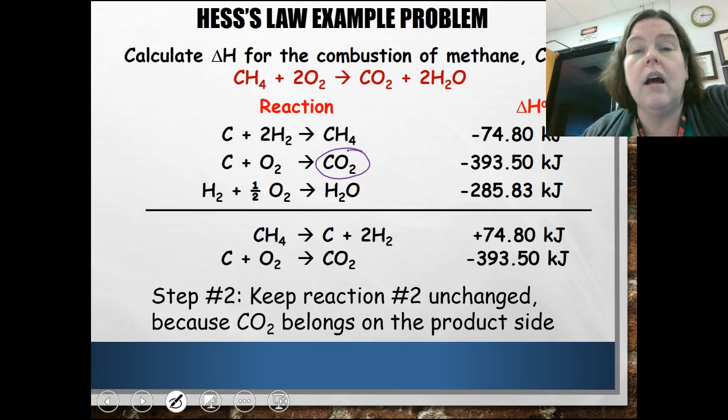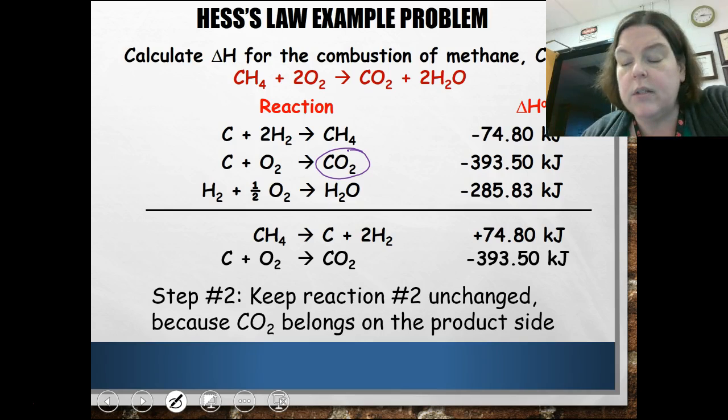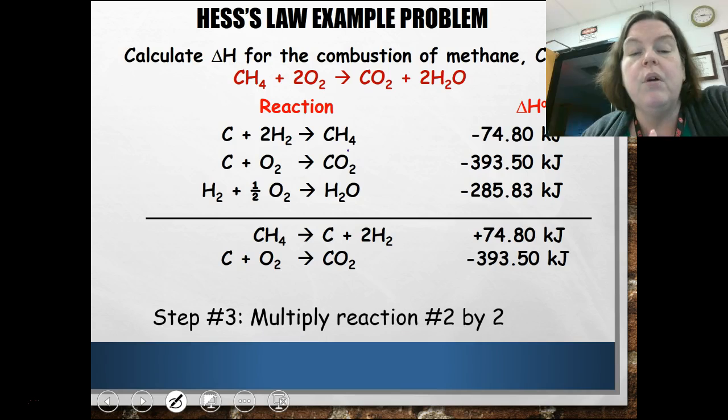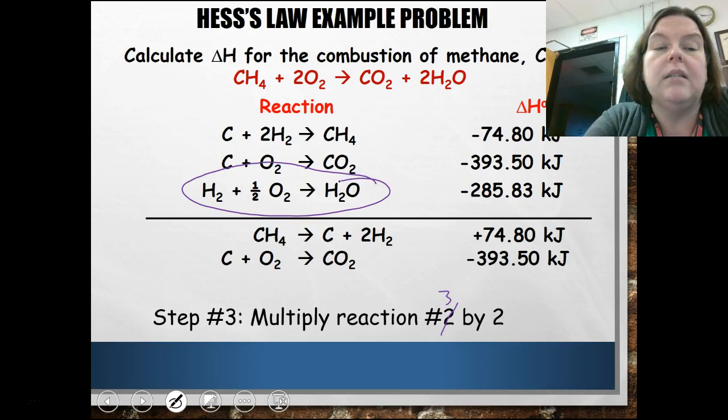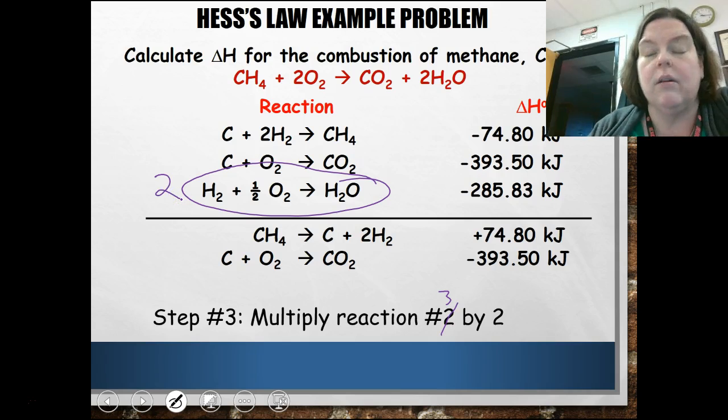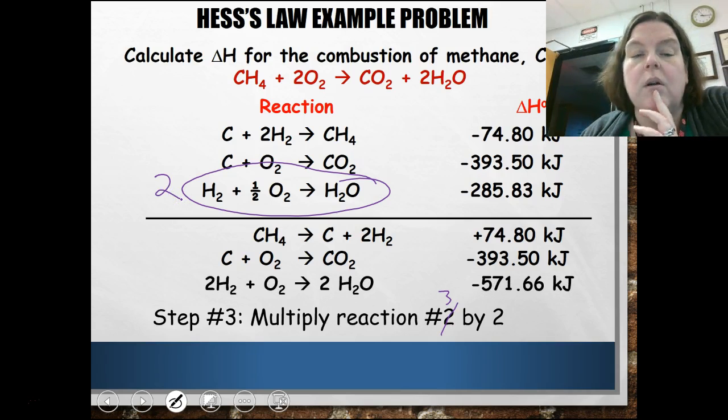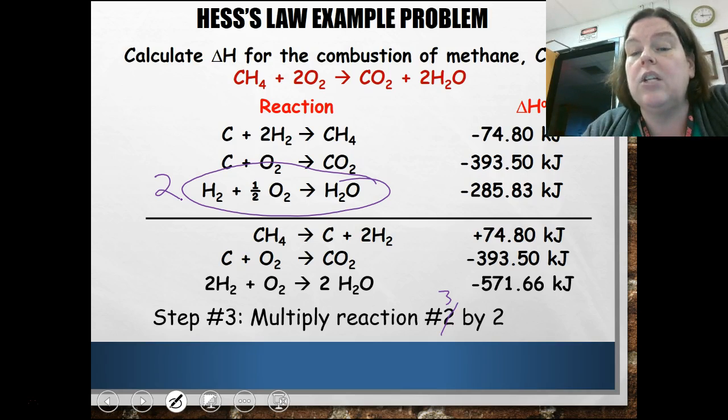Then I'm looking for H2O, but I have to have 2 H2Os. So to get 2 H2Os in there, I have to multiply reaction number 3. I'm talking about this one right here. This one has to be multiplied by 2 to get the right thing to come out. So I multiply that by 2 and I get this. And notice I also multiply the delta H by 2.